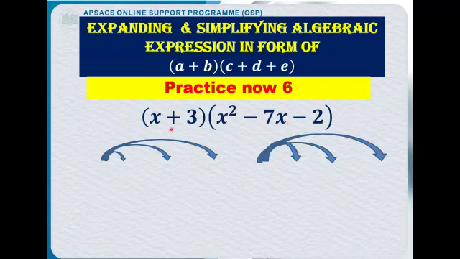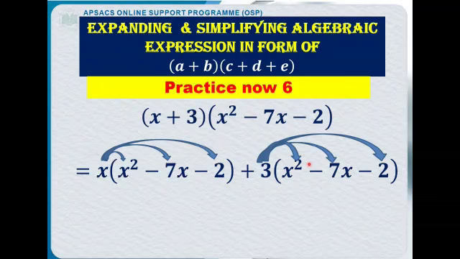Clear? Now this first bracket is going to multiply with this whole bracket. Same thing, a is going to multiply with this whole bracket, b is going to multiply with this whole bracket. Like x is going to multiply with this whole bracket and plus 3 is going to be multiplying with this whole bracket. Let's see how.